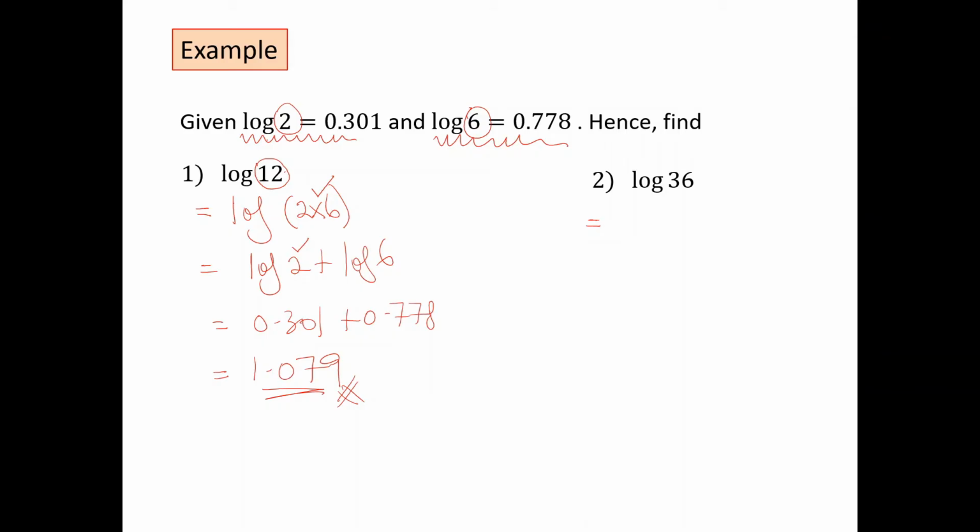If we want to relate with the information given, we can have log 36 is log 6 squared. So we have 2 as a power, we can bring it to the front by using law number 3. So we can have now 2 log 6, and log 6 is 0.778. So the answer would be 1.556.